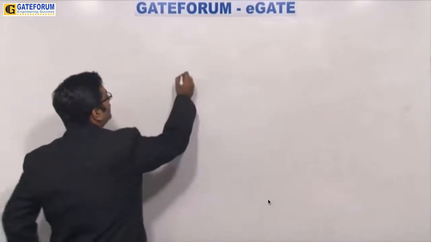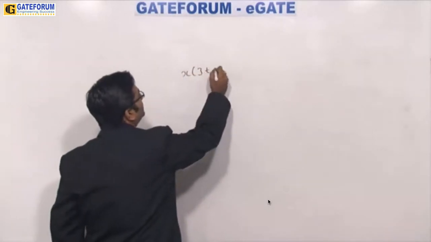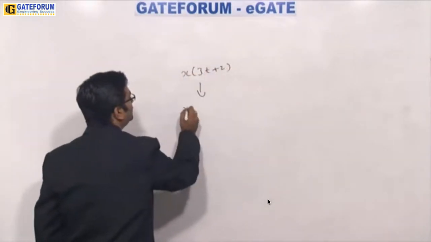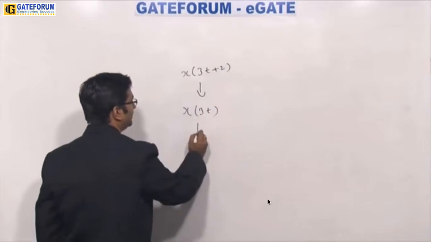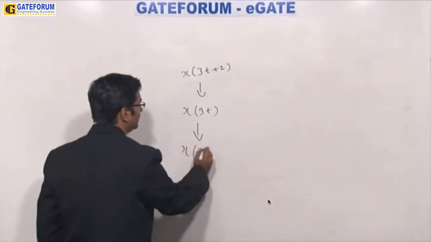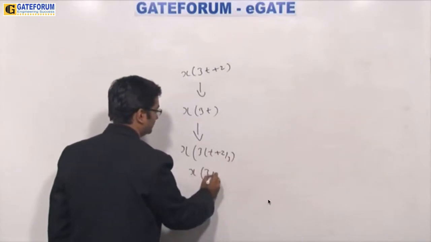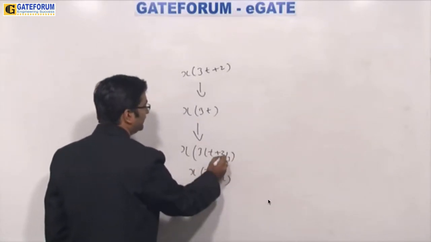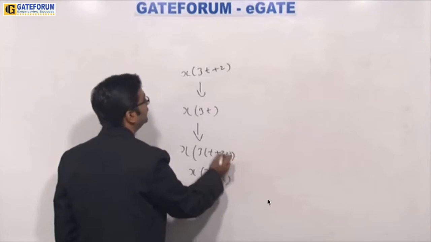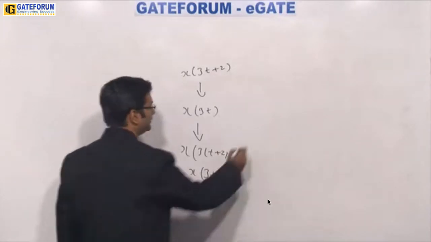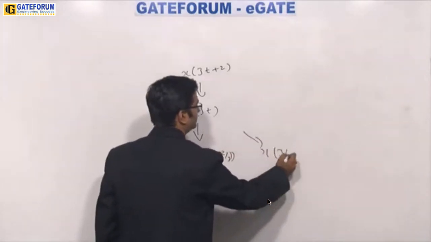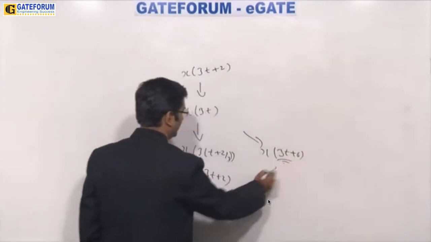If I want x of 3t plus 2, and I do scaling first, I will get x of 3t, and if I do shifting first, I should shift by 2 by 3, giving x of 3t plus 2. That is the right way. But if instead of shifting by 2 by 3 you shift by 2, it gives a wrong result, which is nothing but x of 3t plus 6. So the right way is this.